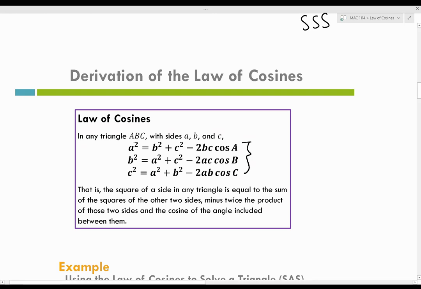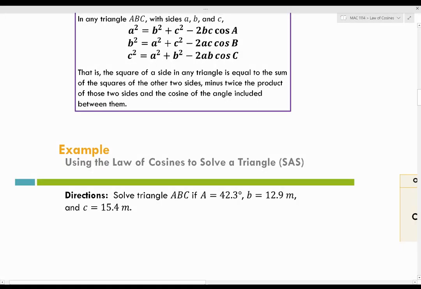So if you're looking, for example, for side a, you sum the squares of the other two sides, then subtract 2 times those two sides times the cosine of the angle opposite the side you're trying to find. That pattern holds all the way down. You just need to use the version of the formula depending on which side or angle you're looking for.